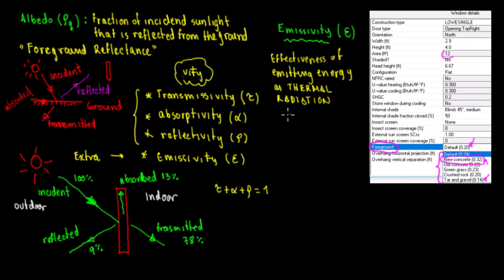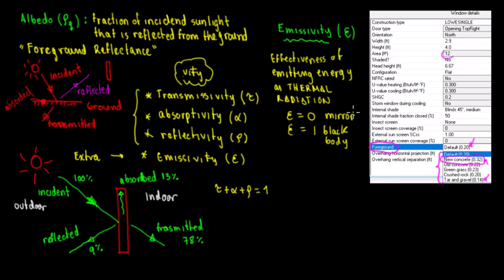Emissivity usually ranges from 0 to 1. A value of 1 completely absorbs the heat, which is a black body, and the other end is a shiny mirror, which technically completely reflects the energy.